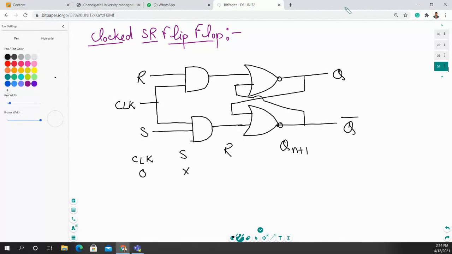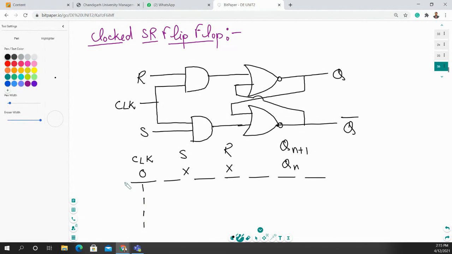Okay, so your input for the first state is to be considered as non-active. So let's take the combination for this. Clock pulse is 1 for all the 4 cycles. Initially this clock pulse is taken as 0.